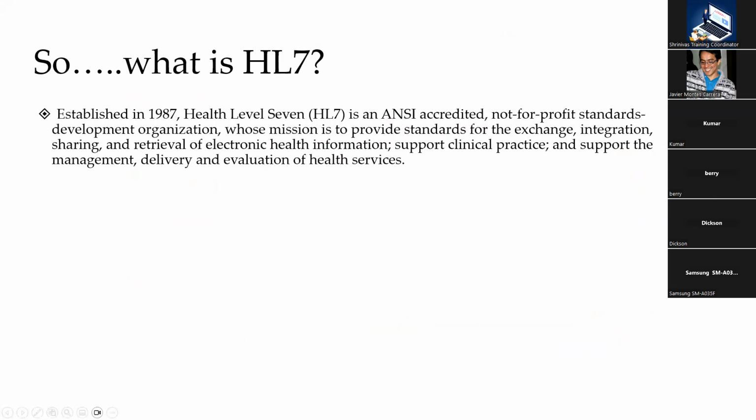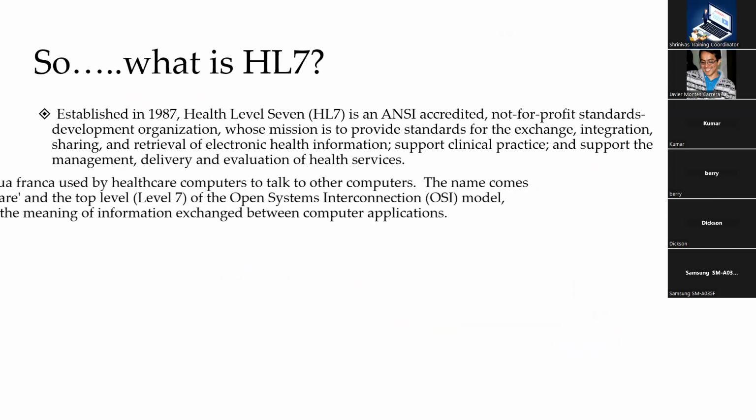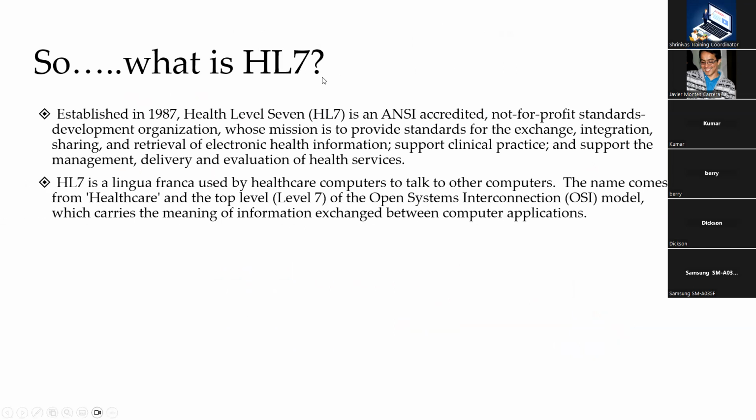So what is HL7? It is a standard medium of communication to have applications talk to each other. And the name HL7 comes from the concept of the OSI layers, which stands for Open Systems Interconnection Model. I'll talk about the OSI layers in the next slide. More than 28 countries in the world are using HL7 today, explicitly for many different interface implementations.